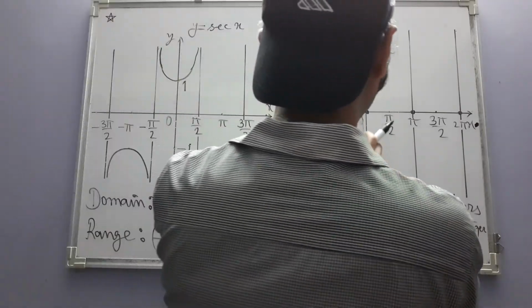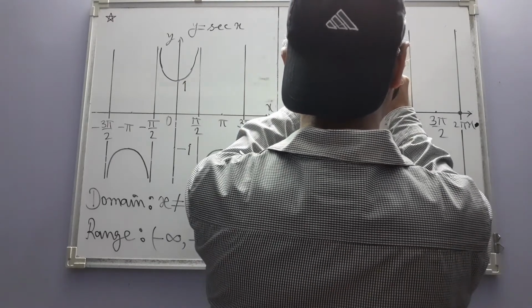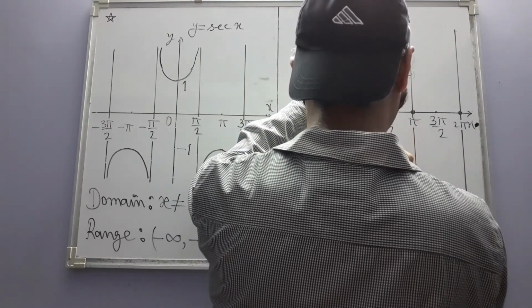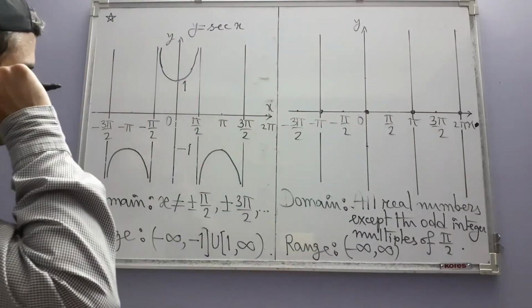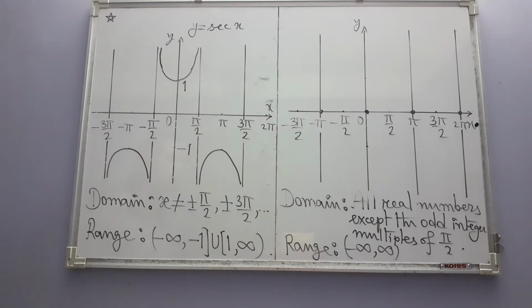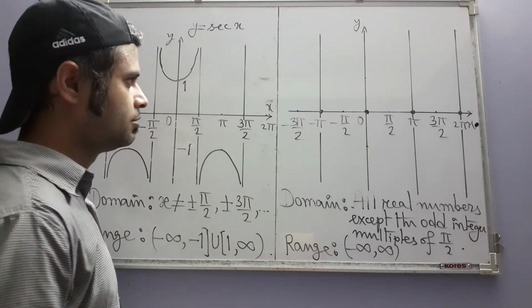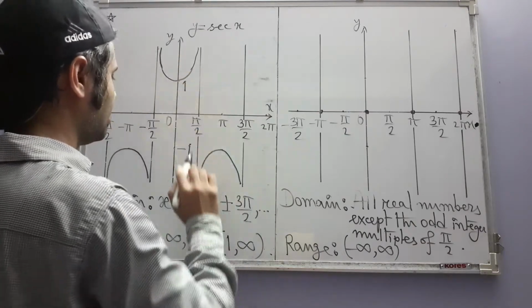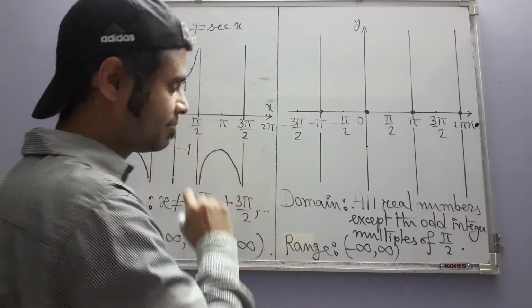Again, -1 and 1 have to be located. Okay, now here these, if you want, you can call this union and this intersection.